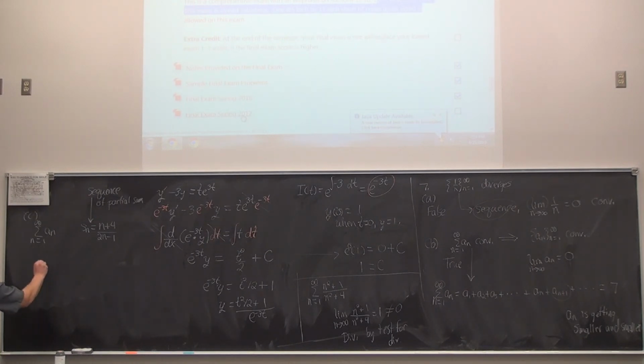This means that the summation as n goes from 1 to infinity of A sub n is equal to the limit as n goes to infinity of S sub n. And this occurs whenever, or provided, the series converges. Whenever the series converges, it's always equal to the limit of the sequence of its partial sums.